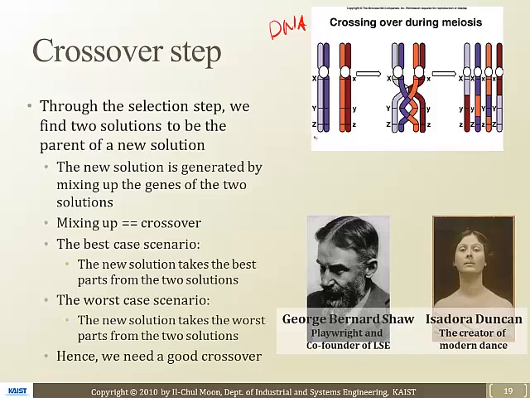So imagine that we have two DNA sequences from two persons. And then what happens is that they twist over and they share somehow the mixed DNA.